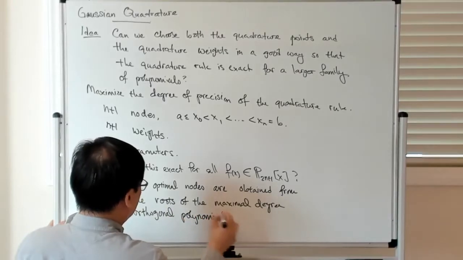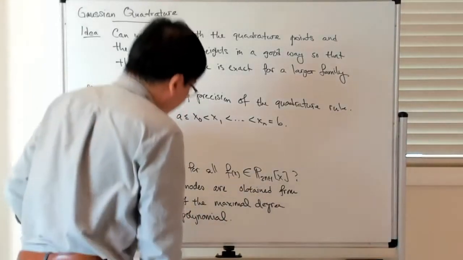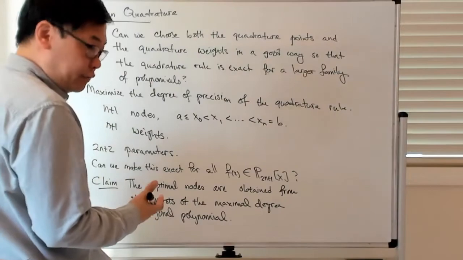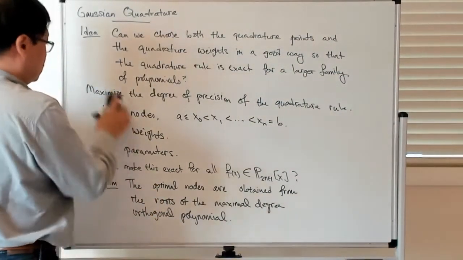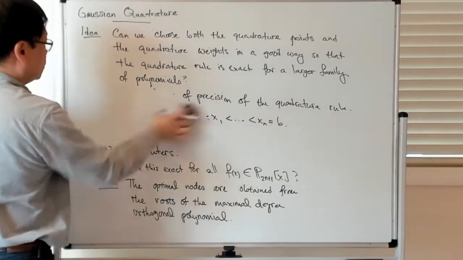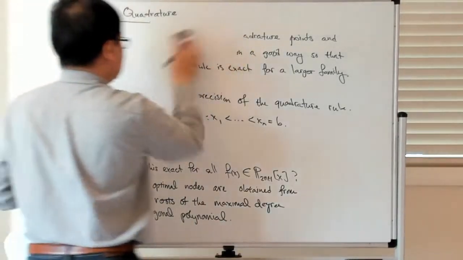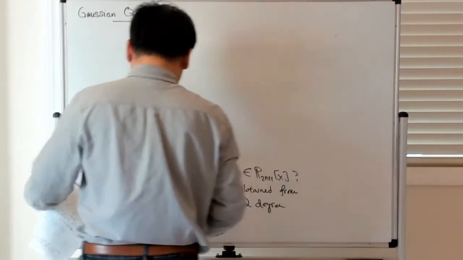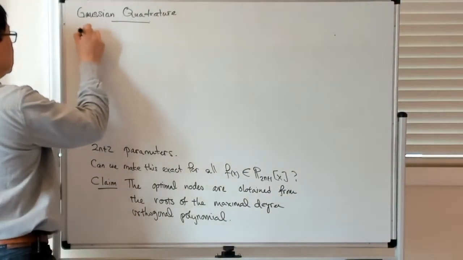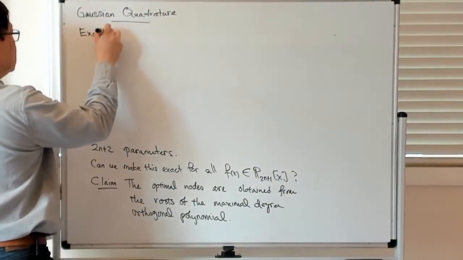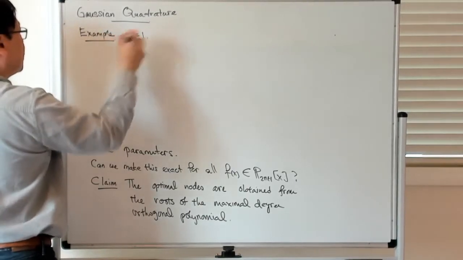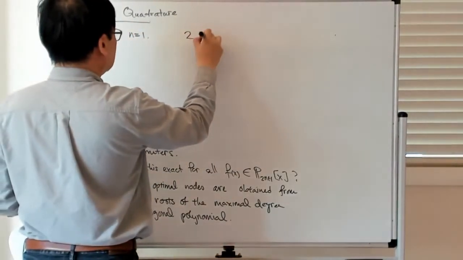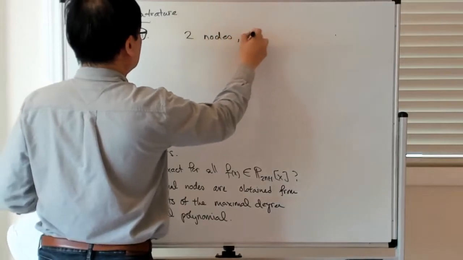So what do I mean by that? Let me illustrate this idea with an explicit example. Let's look at the n equals 1 case. So this has 2 nodes and 2 weights.